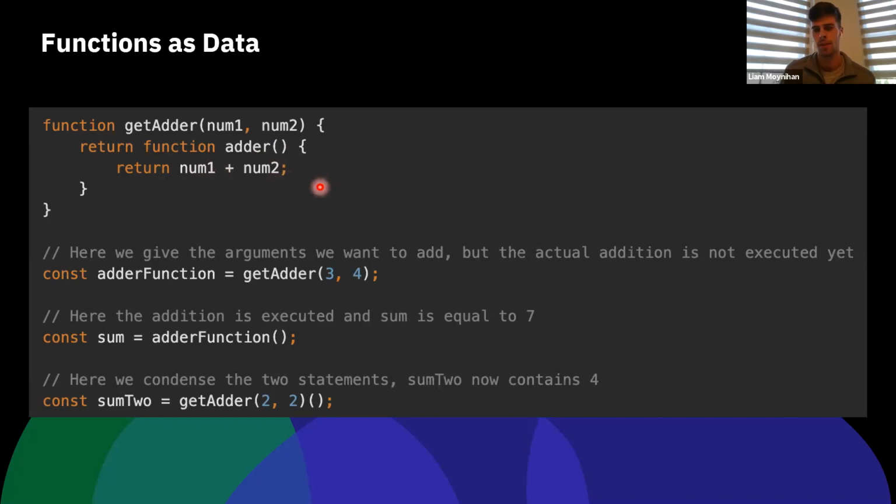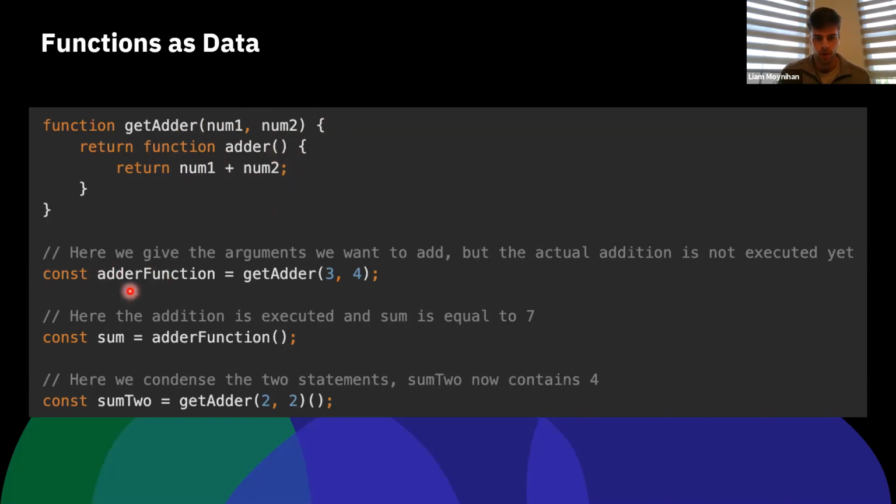An important thing to keep in mind with this is the idea of scope. Because adder is inside getAdder, it knows what the value of number 1 is, it knows what the value of number 2 is, and it can return them without taking its own arguments here.